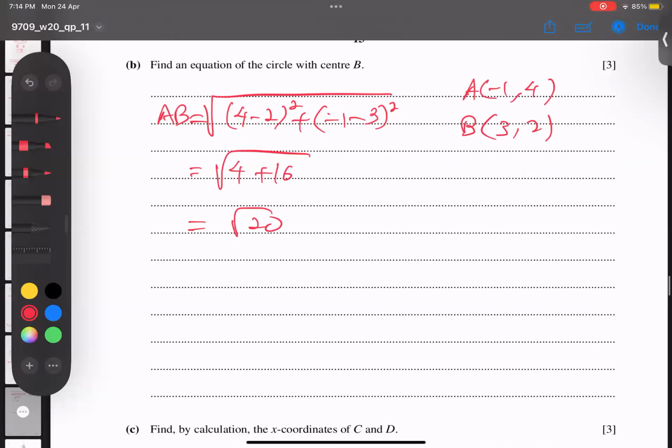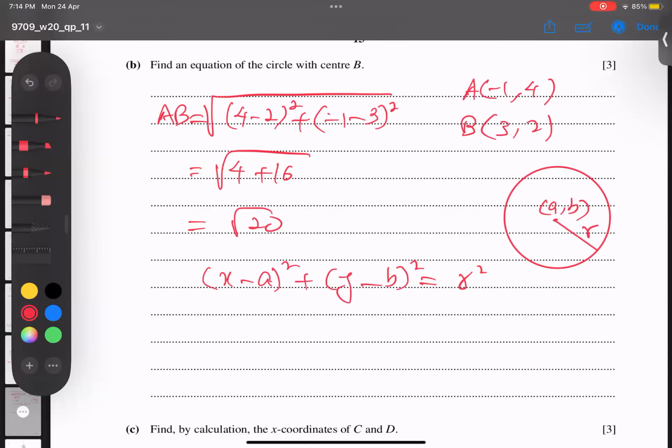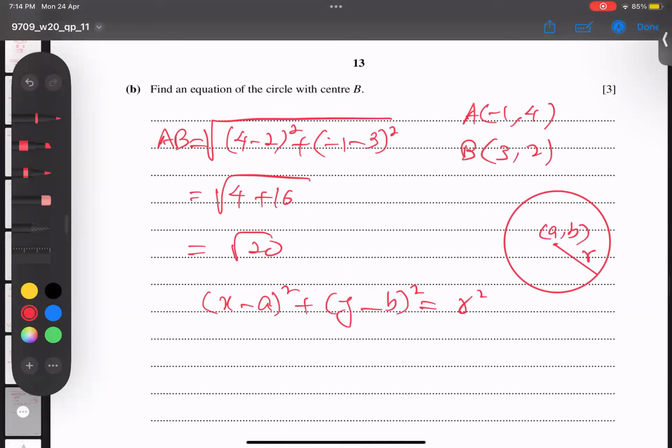And what is the equation of a circle formula? x minus a whole square plus y minus b whole square equals r to the power 2. Whenever a circle is there, the center of the circle is a comma b, and this gap is equal to r. And now what point will I plug in? This will become a and this will become b.